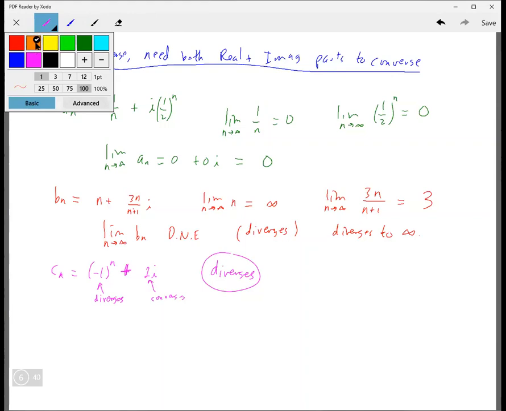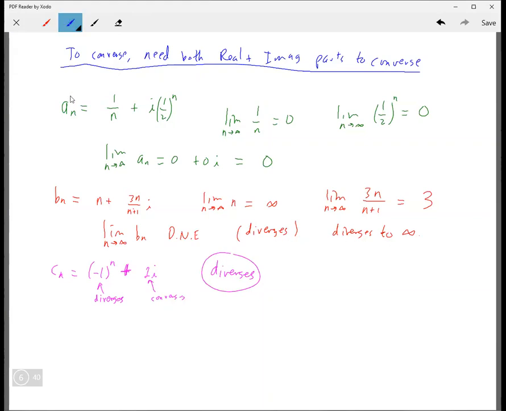Maybe one final example would be e to the pi over n times i.